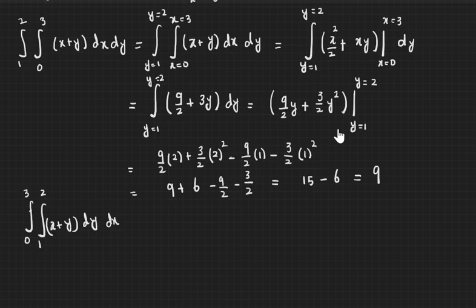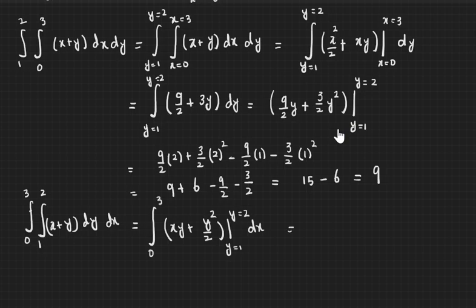The answer should be the same. Okay, let's evaluate it. So integration of x plus y with respect to y would be x y plus y square over 2, taking the limits of integration of y, which is y equals 1 to y equals 2, remaining dx, integration with respect to x from 0 to 3.